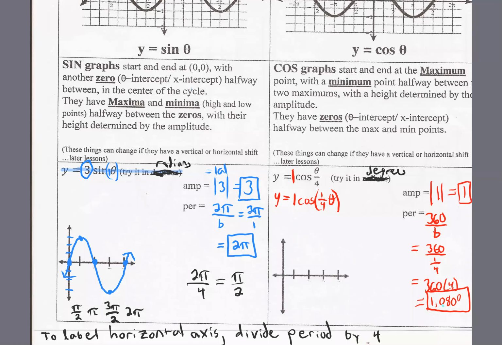So this would be 1440. I was thinking 360 times 3. So 360 times 4 is 1440. Okay, so now to label the horizontal axis, I'm going to take 1440 and divide by 4.